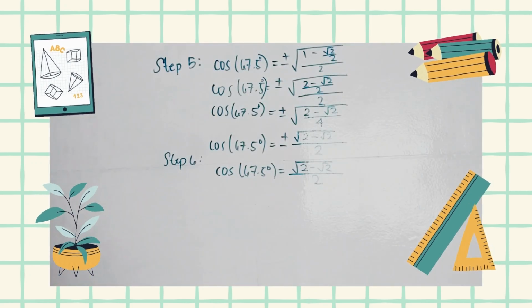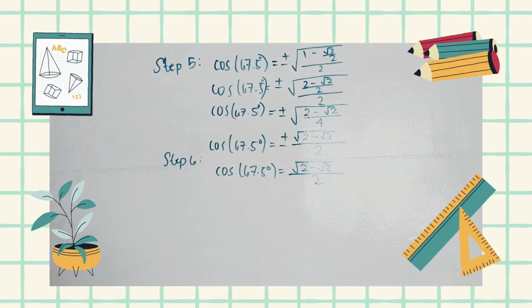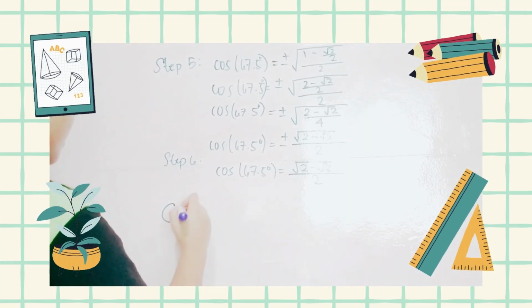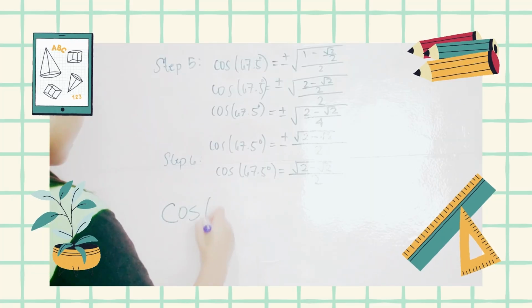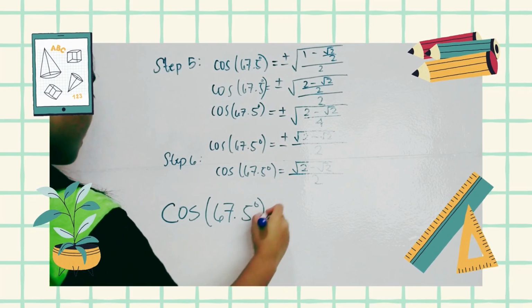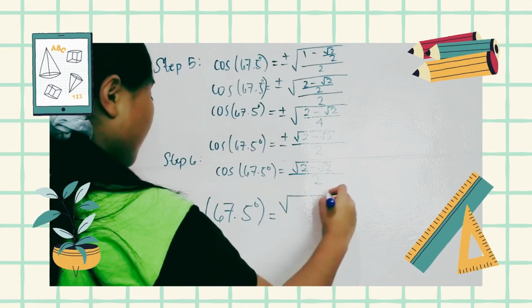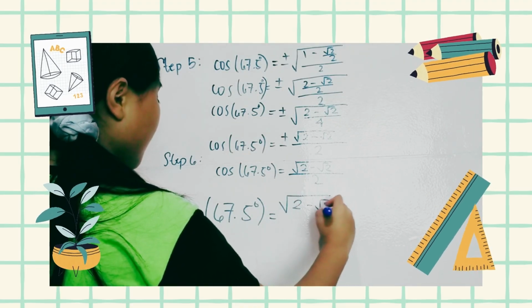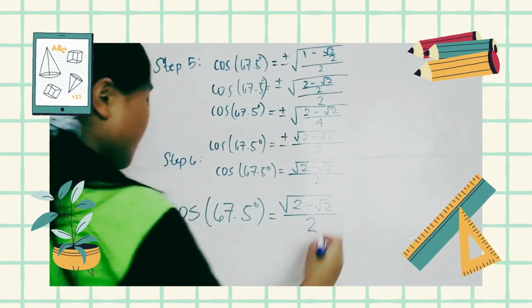Now, we have the final answer. Therefore, the exact value of cosine 67.5 degrees is square root of 2 minus square root of 2 over 2.